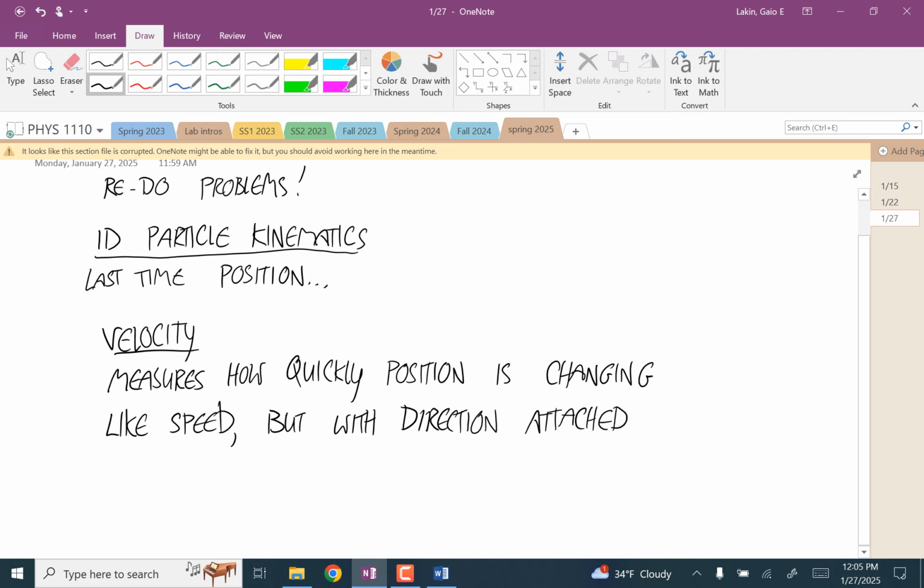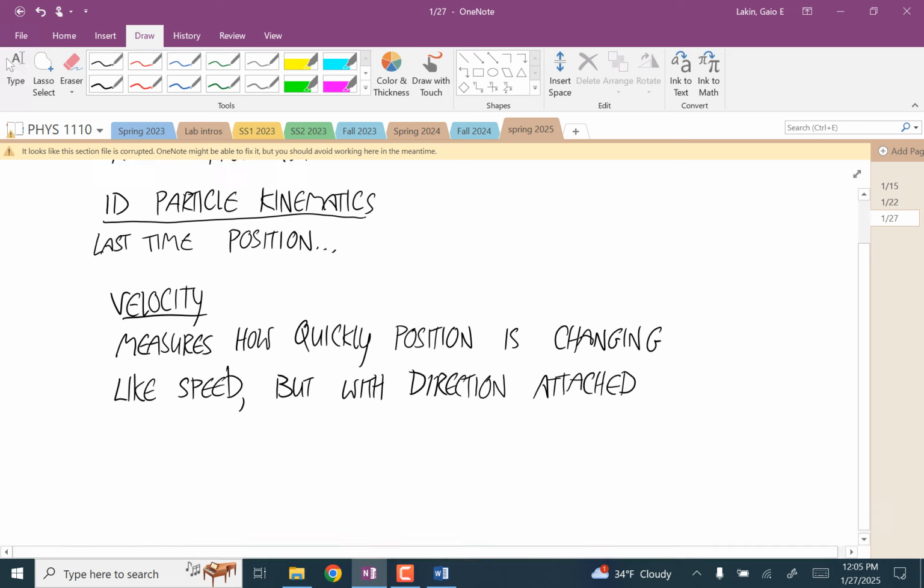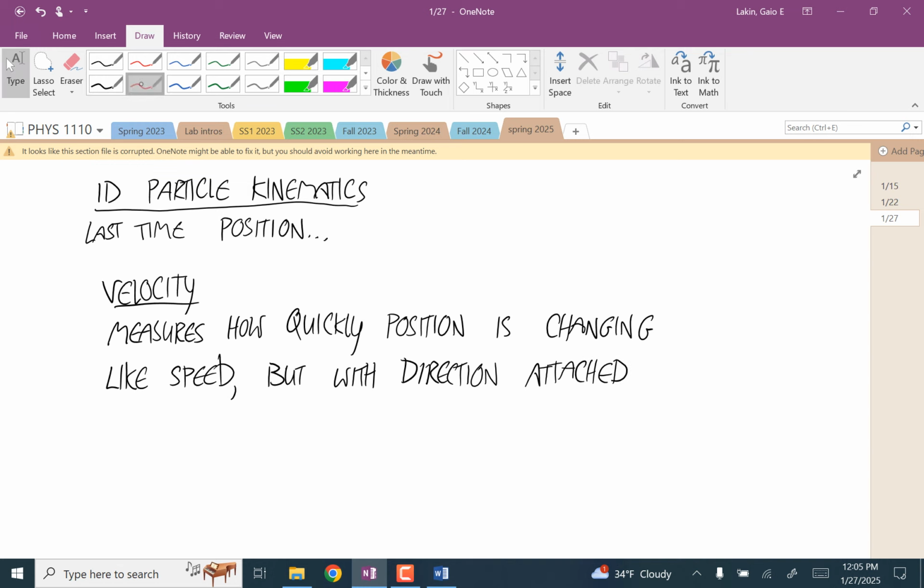Okay, so if you take a road trip to Iowa, your car says 60 miles an hour, your speedometer, as you head down to Iowa. And then on the way back, it says 60 miles an hour, even though you're going in the opposite direction. There's no direction attached to speed. Okay. Velocity, so this speed, whenever I give you a capital V, that's going to mean speed. It's like, because it's the absolute value of velocity.